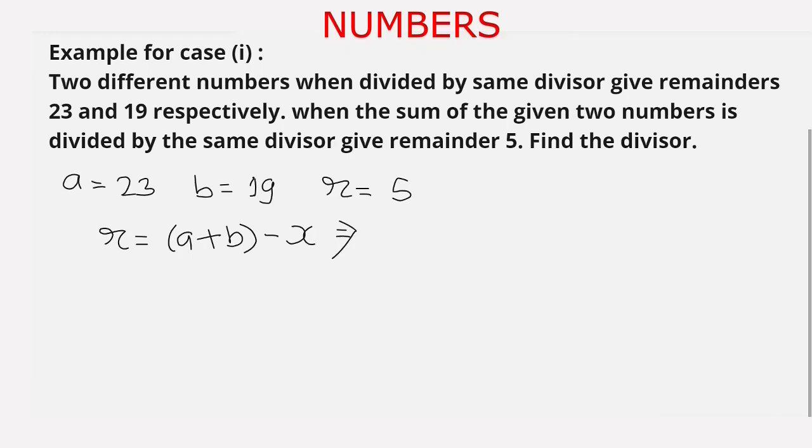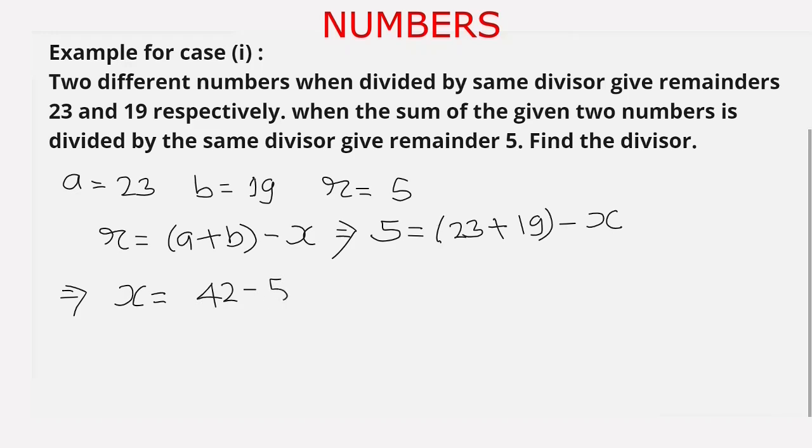So r given to us is 5, equal to 23 plus 19, where a is 23 and b is 19, minus x, which we have to find. Here x equals 23 plus 19, which is 42, minus 5, and 42 minus 5 is 37. Thus the divisor is 37.